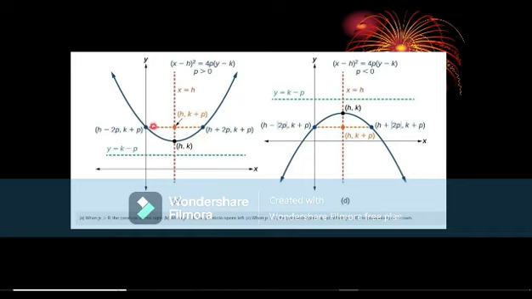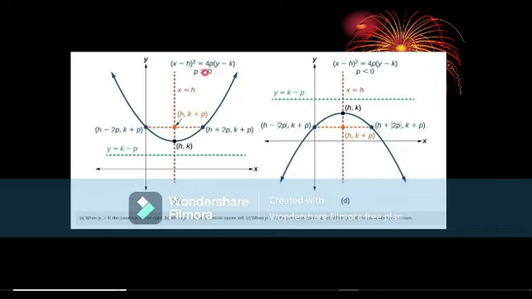Remember, the length of the whole latus rectum is 4p, and the length from the focus to the vertex is only p or c. Again, p and c are used interchangeably. Therefore, the distance from the focus to each endpoint is 2p.